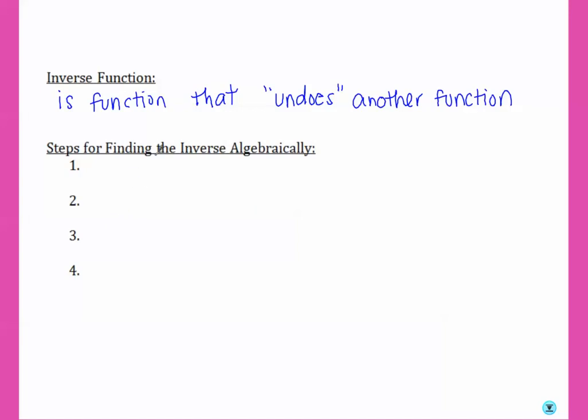So when we're finding inverses algebraically, if it's not already written as y equals, and a lot of times it's going to be written as f of x or g of x or a letter of x, we're going to change that to y.